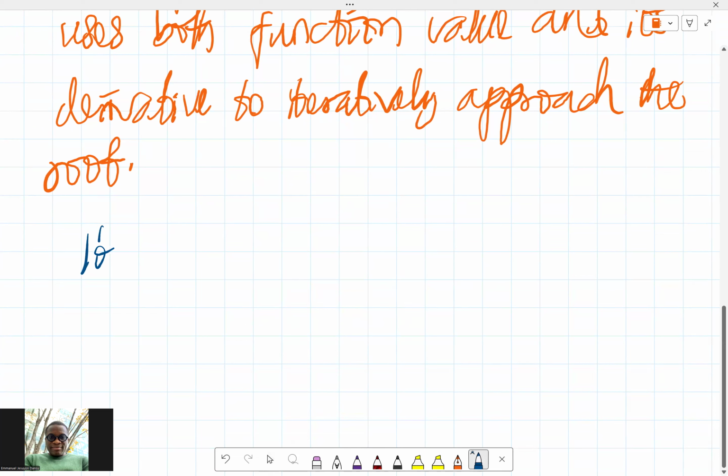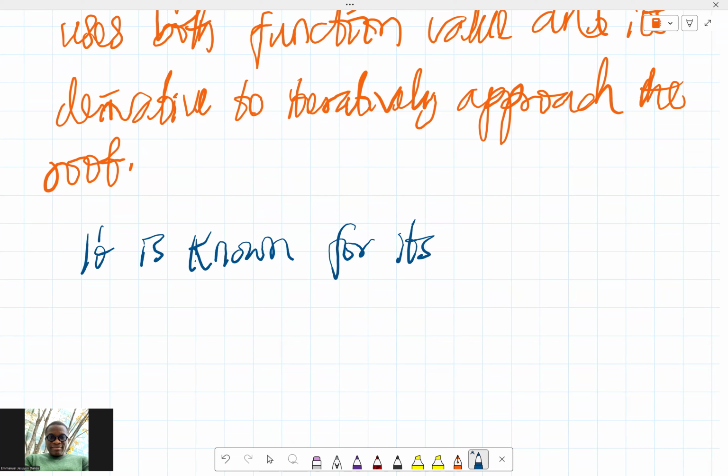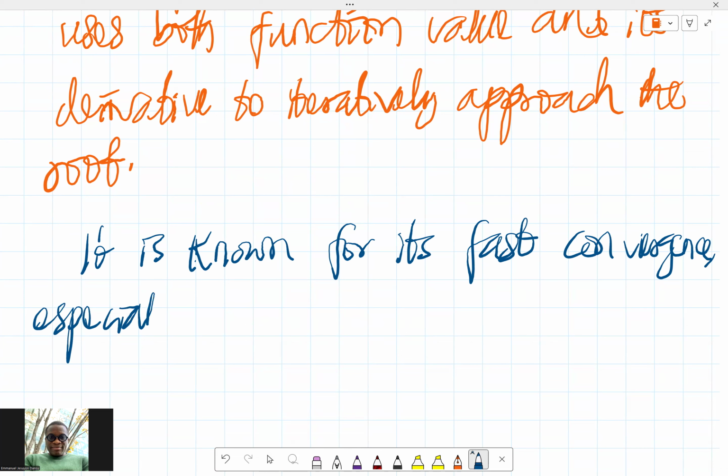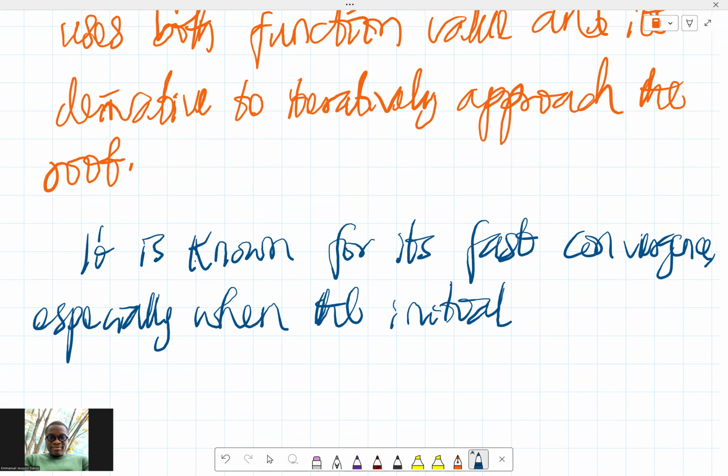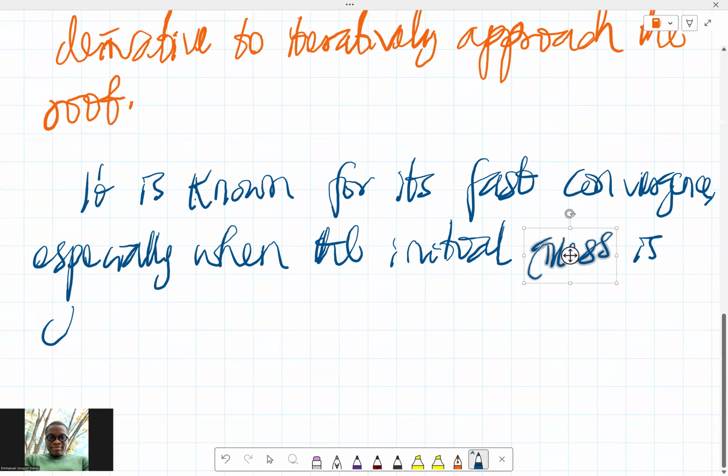It is known for its fast convergence, especially when the initial guess is close to the actual root.